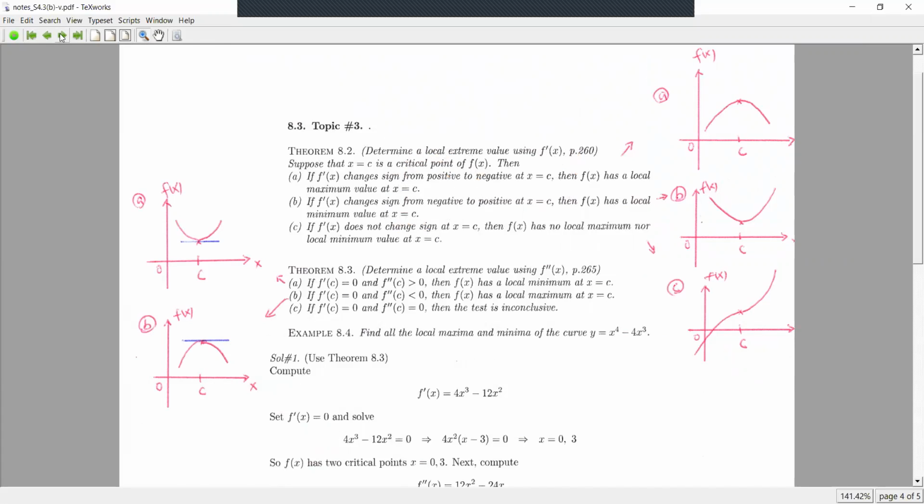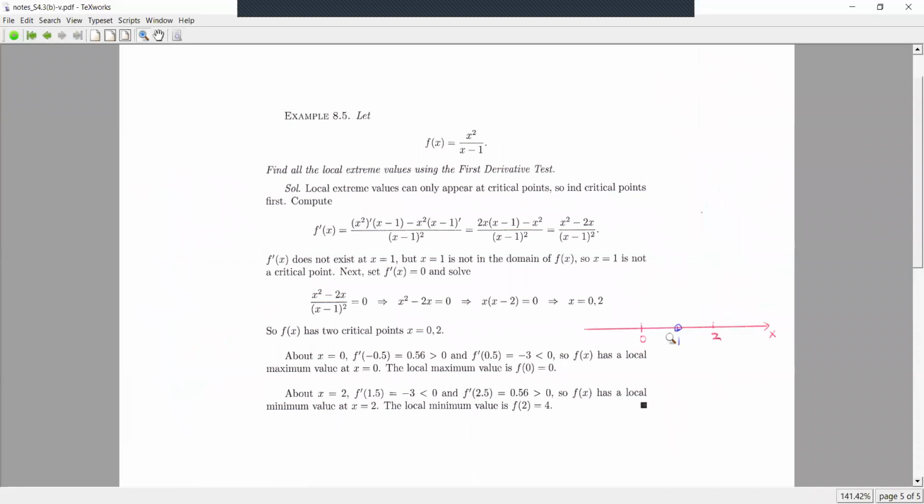Go back to the example. To find all the local extreme values, first find all the critical points, because a local extreme value can only appear at a critical point.